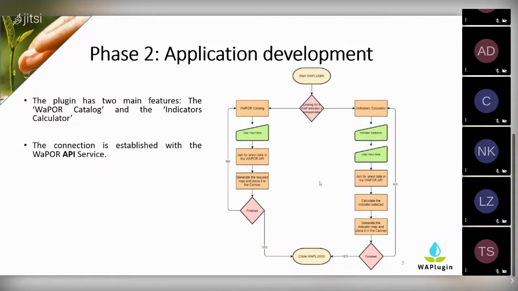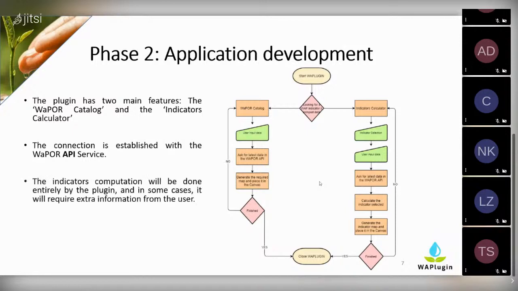So the plugin will work like a bridge between WaPOR and QGIS, as I mentioned before, through the API service of WaPOR. The indicator computations will be done entirely by the plugin, and in some cases it will require extra information from the user. And the results will be shown as a map that will be added as a raster layer in the QGIS canvas.